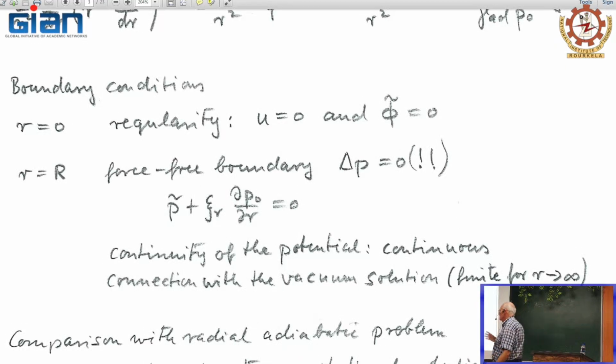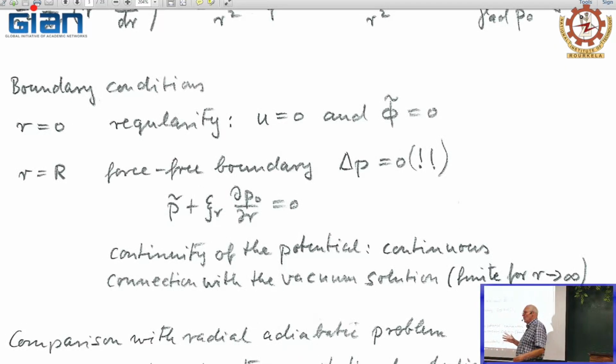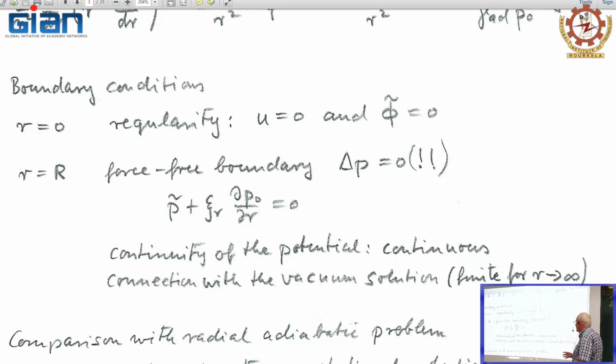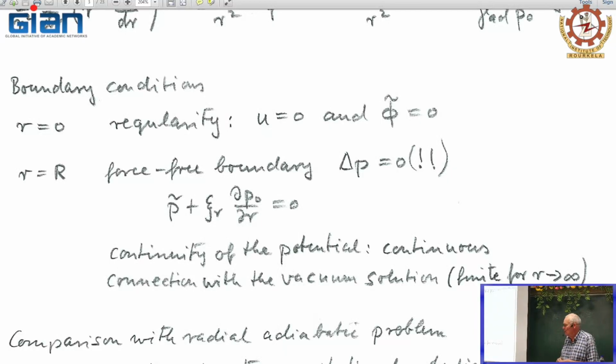The second condition is similar to that which we applied for the full system. There should be a continuity of the potential to the vacuum solution of the potential, and this continuous connection with a vacuum solution provides an additional boundary condition for the potential.